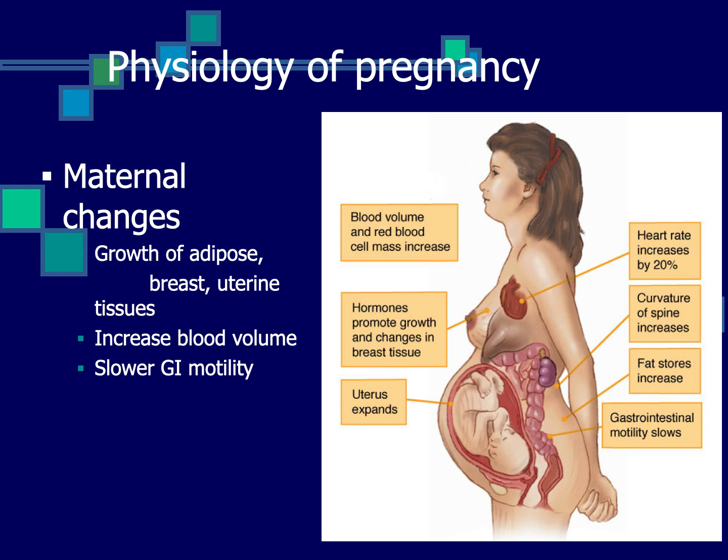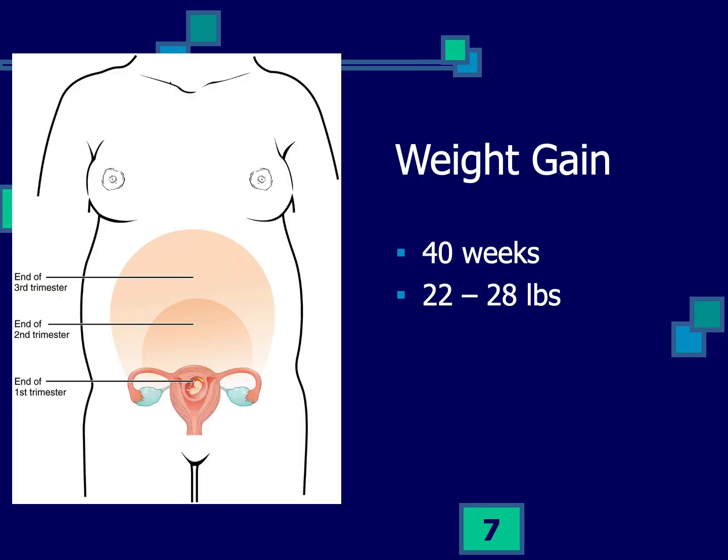And of course, there are other changes in GI motility, increases in respiration, changes in digestive function because the digestive tract is being kind of squeezed by the expanding uterus. Okay. Uterine and adipose and blood vessels and things like that will cause most of the weight gain, which in a normal pregnancy should be between 22 to 28 pounds at 40 weeks.